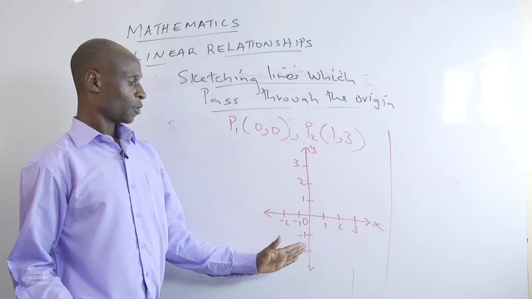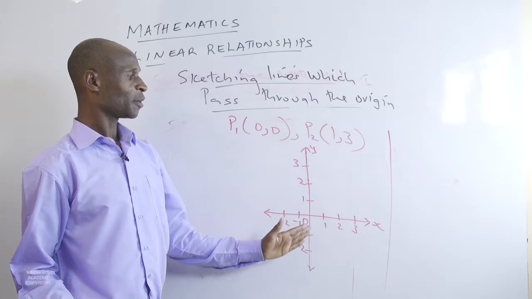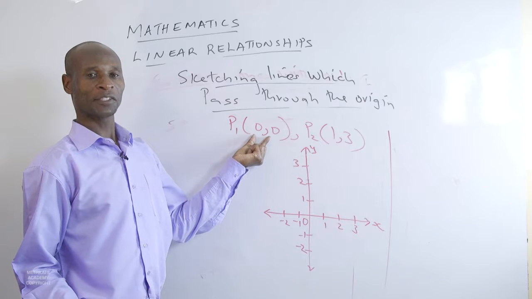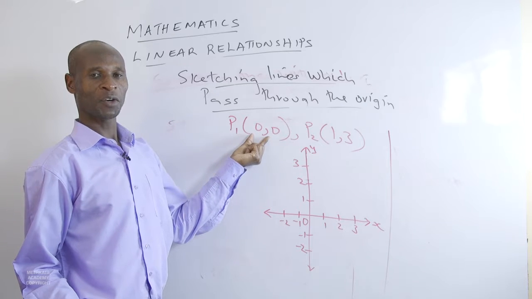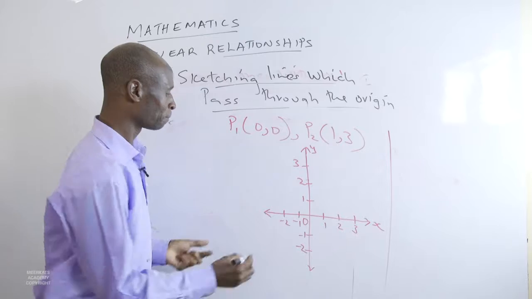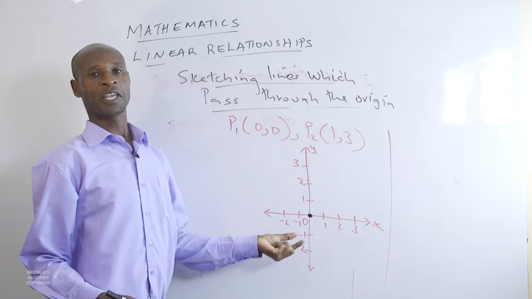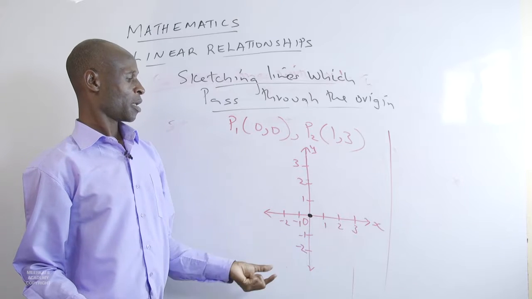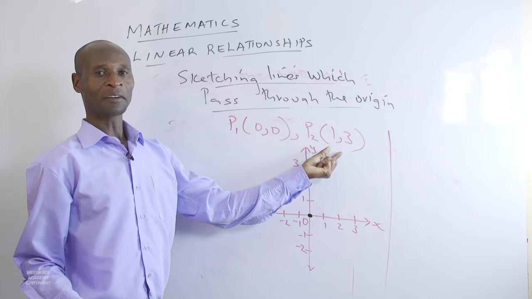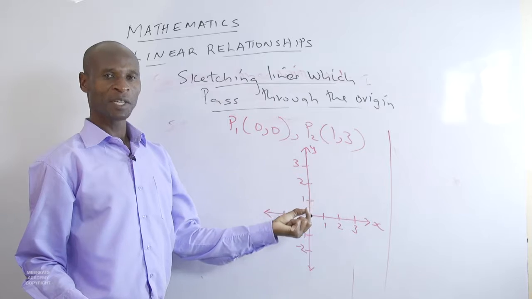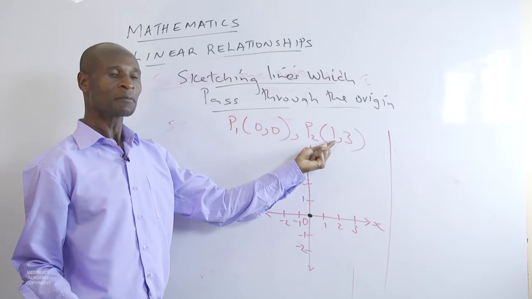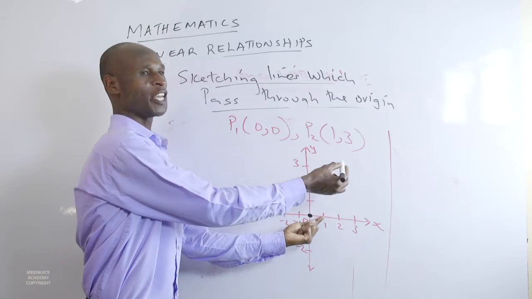Once you have plotted your Cartesian plane, you now plot the points. The first point is 0, 0, which is the origin. You mark using a big dot. The second point is 1, 3. That means the x-coordinate is 1, while the y-coordinate is 3.